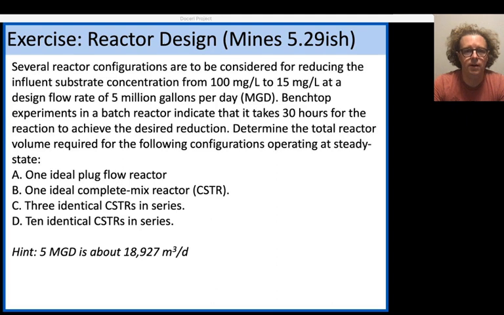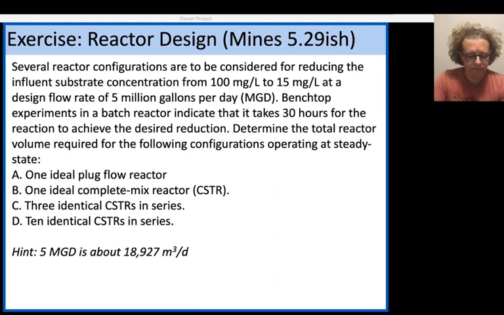There's some information about a batch reactor experiment given, that it takes 30 hours for the reaction to achieve this in a benchtop batch reactor study. And so our goal here is to determine what volume of reactor it takes for these.